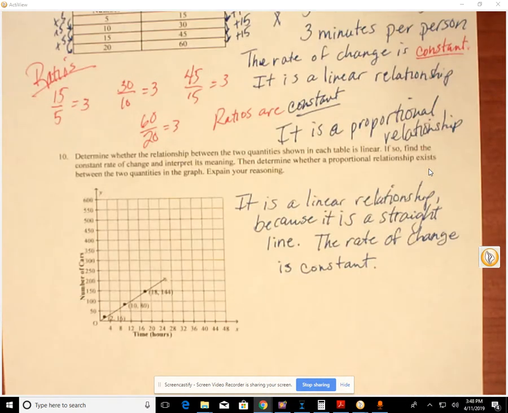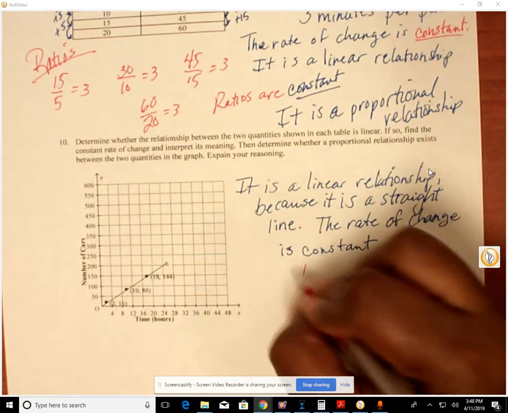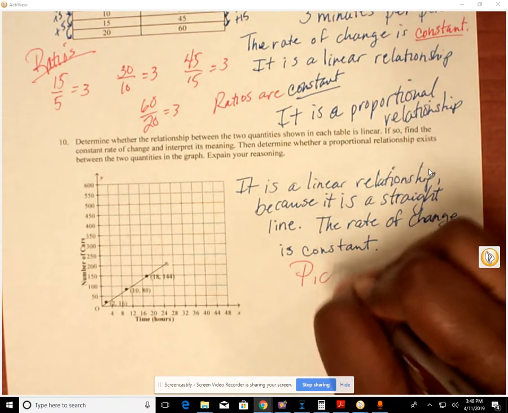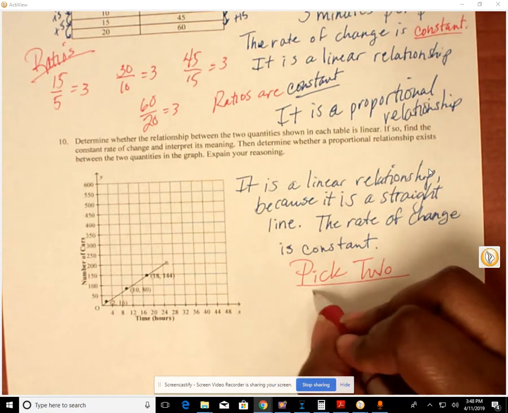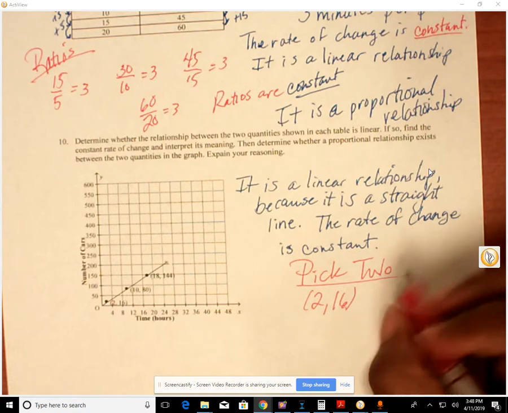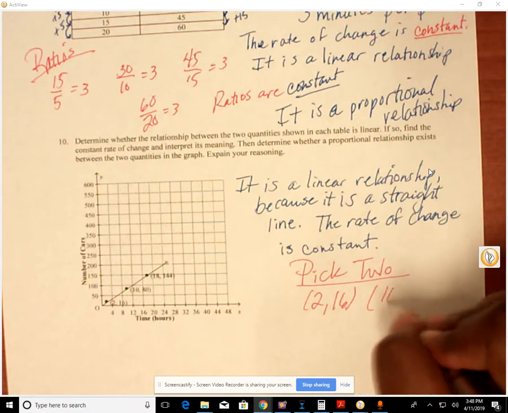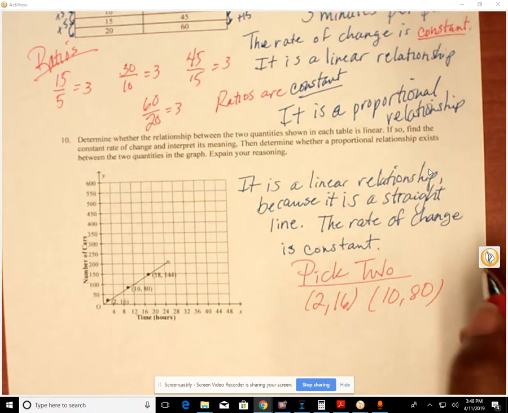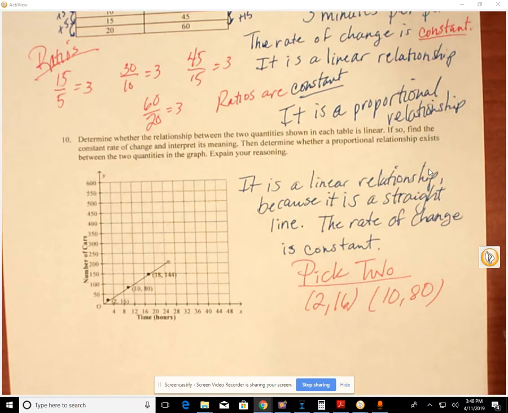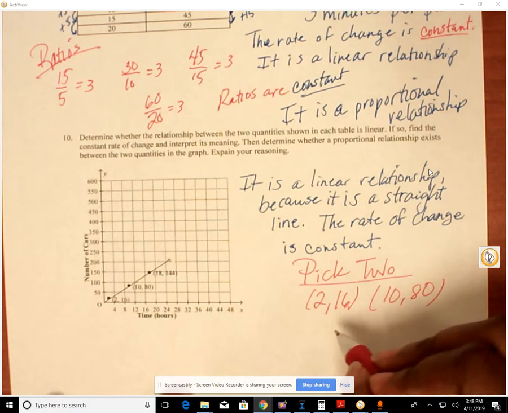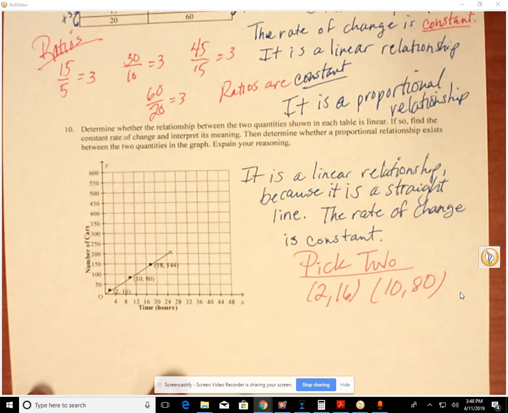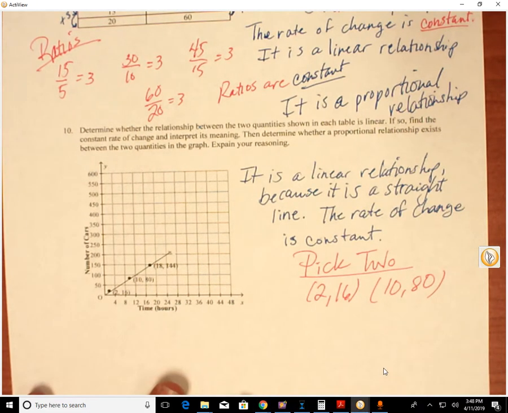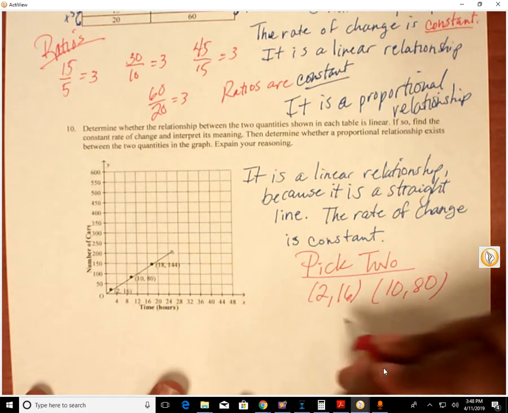Okay. So we still need to pick 2 points like we did with number 8. This time we have to do the ratios also, and you have to do all three numbers for the ratio. Can't just pick two. Once I do that, I'm going to subtract.